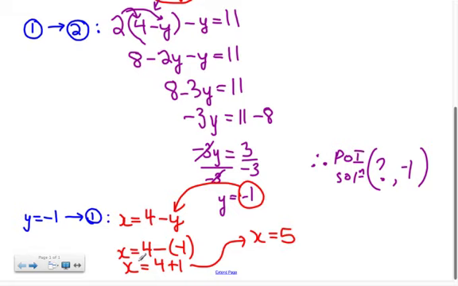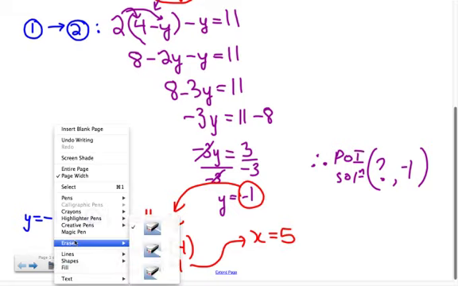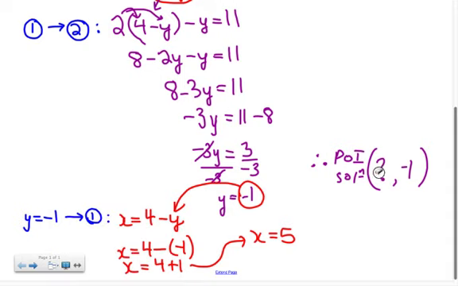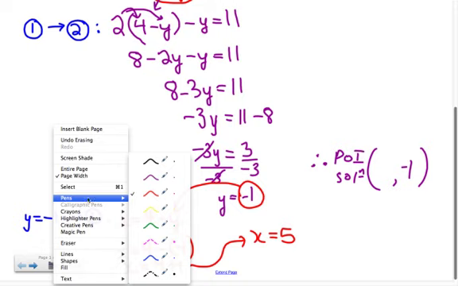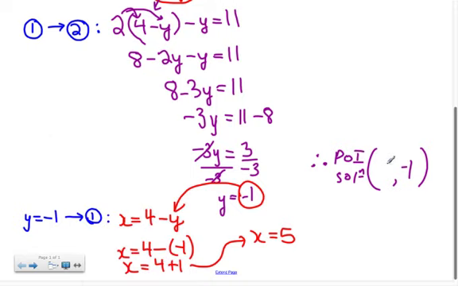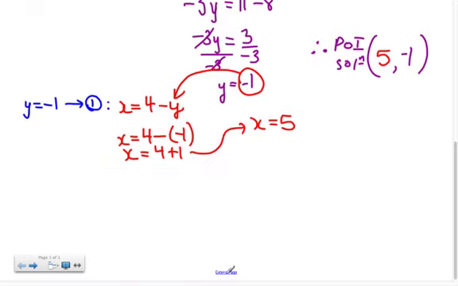So now I know that my point of intersection is going to be at 5, -1. I could have gotten that by graphing it, but this is a lot more accurate, and in case it landed on a grid line, this ensures that I get the accurate answer.